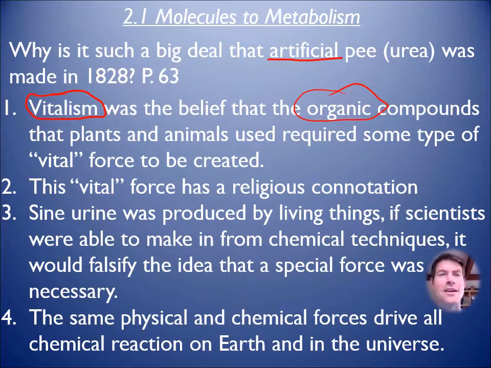Vital is kind of what it came to be known as, and it has a religious connotation, things we can't know about. And humans, a lot of times we haven't been able to understand things, so we say it's a mystical thing.